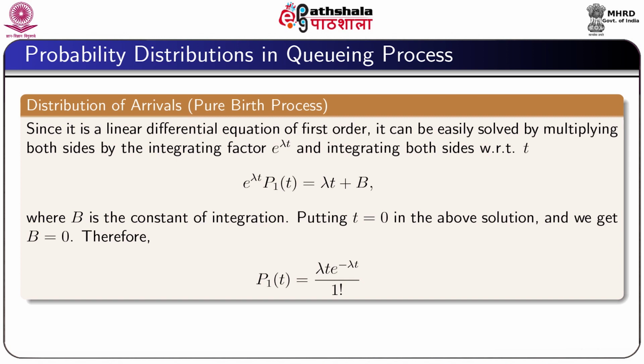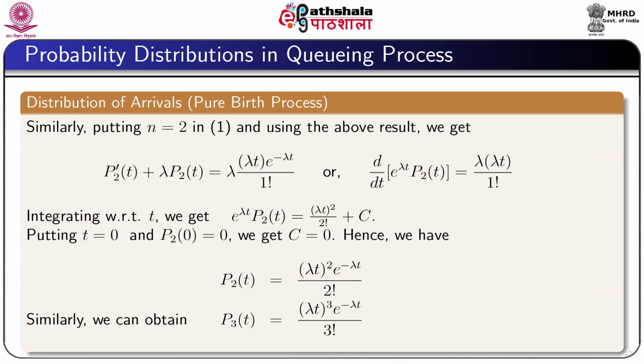Integrating both sides with respect to t, we get e to the power λt into P1(t) equal to λt plus b, where b is the constant of integration. Now, putting t equal to 0 in the above equation, we get b equal to 0. Therefore, finally, we get P1(t) is equal to λt e to the power minus λt by factorial 1.